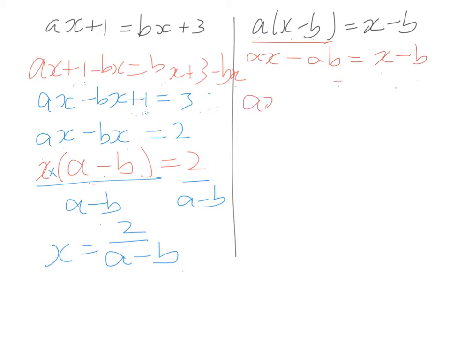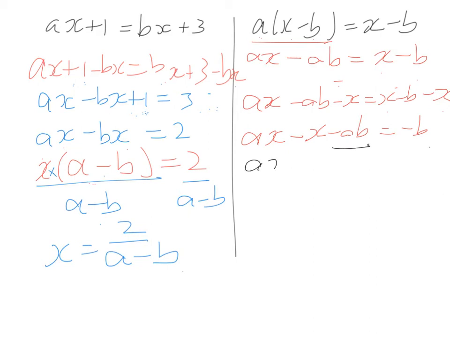So we're going to have ax minus ab minus x equals x minus b minus x. x minus x is just going to be 0, so I've got ax minus ab minus x equals negative b. And now we'll move this negative ab and bring it over here.